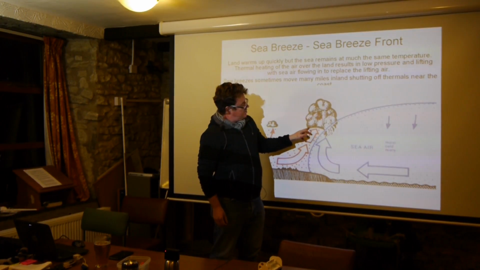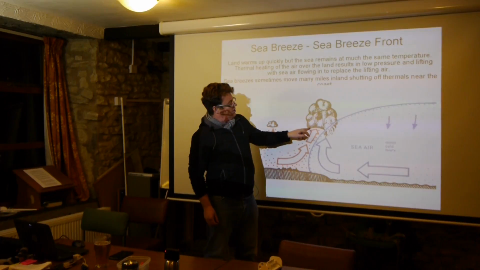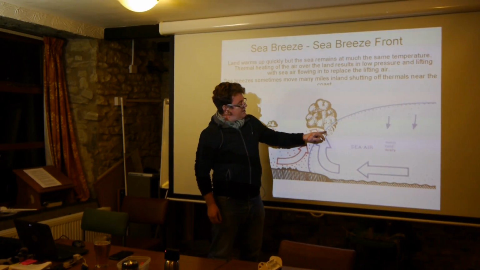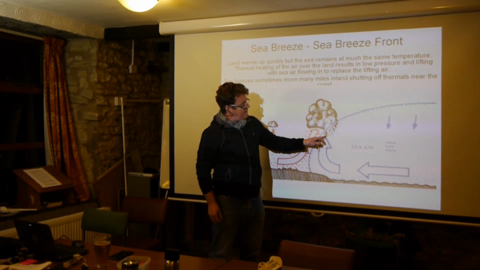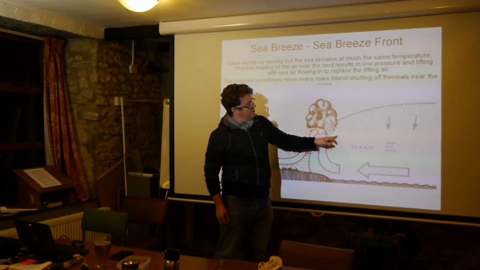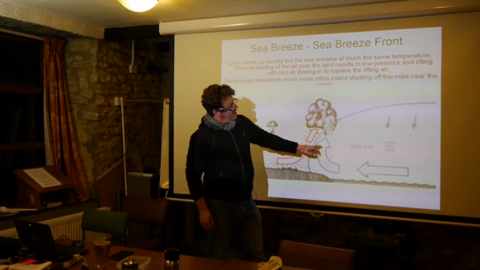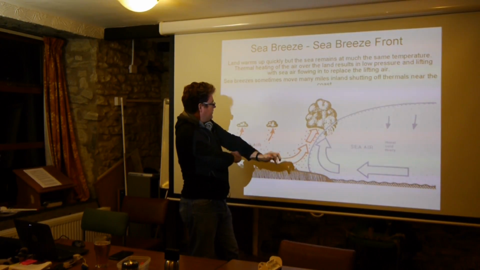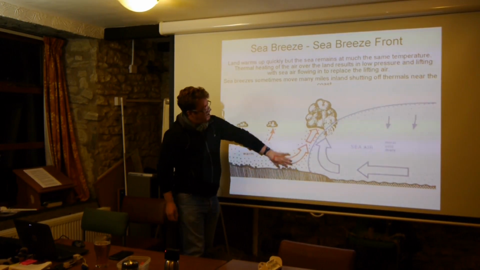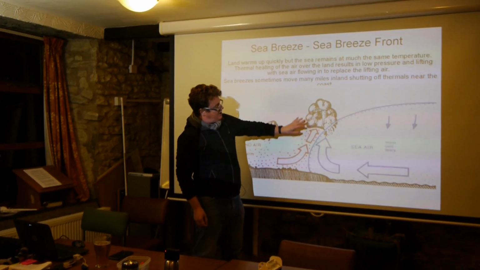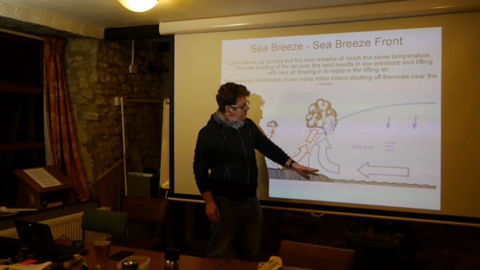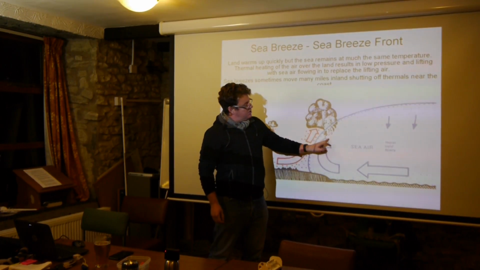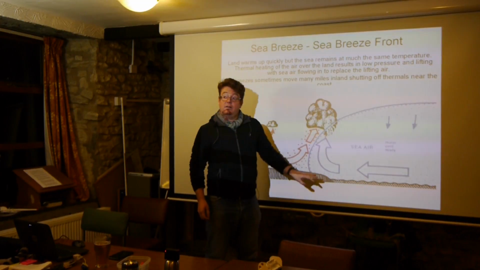On the land air side, you have a higher cloud base, and then you tend to have curtain cloud at the frontal point, which is tendrils of cloud coming down, and then a lower cloud base in the sea air area, and the cloud dissipates quite quickly within the sea air. The land air has strong convection in it. The sea air has a very small area of convection on the border, and once you get significantly beyond that border area, there's very little convection available.